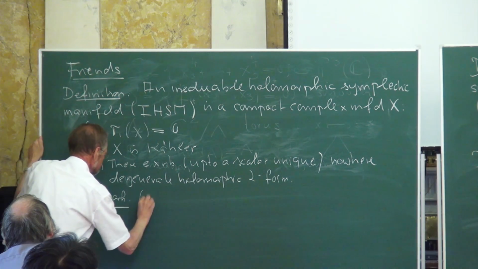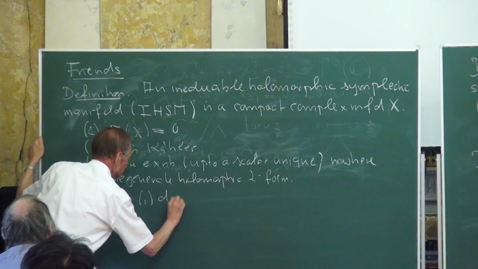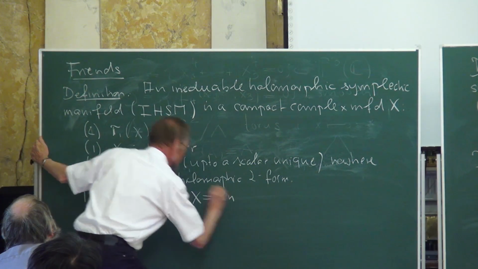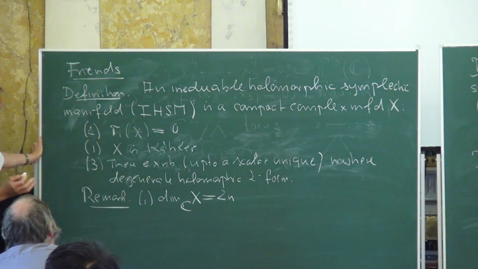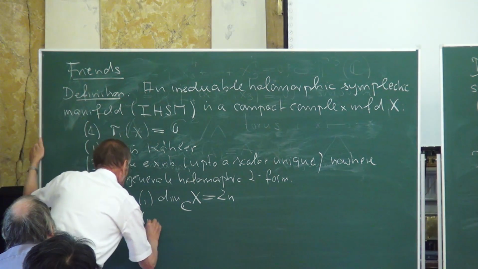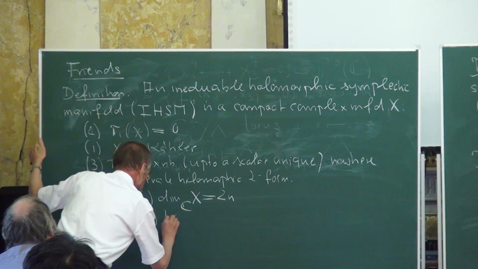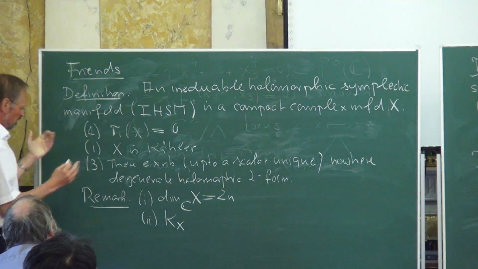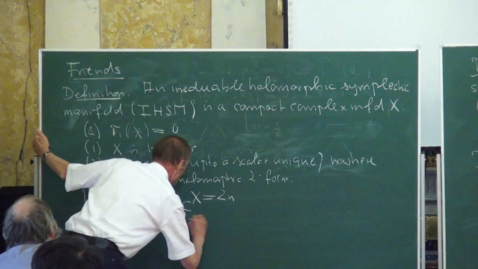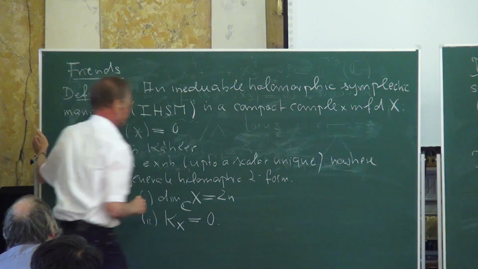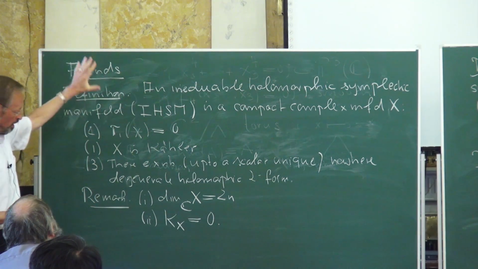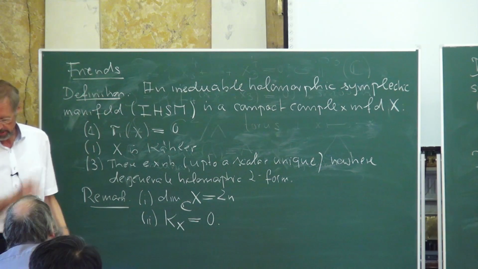The first is that the complex dimension of these manifolds is always even, so the real dimension is divisible by 4. And second, the canonical bundle, meaning the determinant of the cotangent bundle, is trivial. In dimension 2, K3s are quite obviously examples of that.